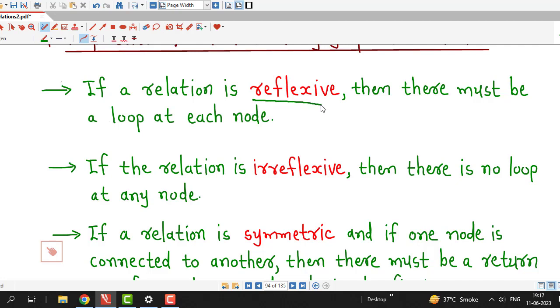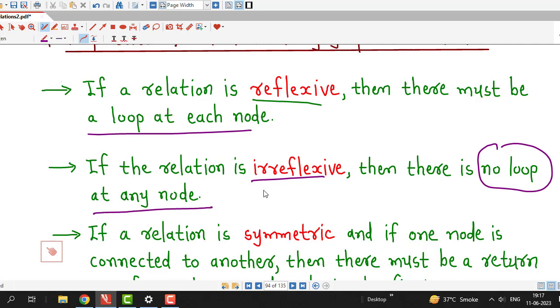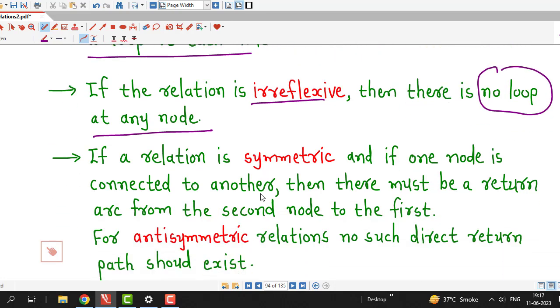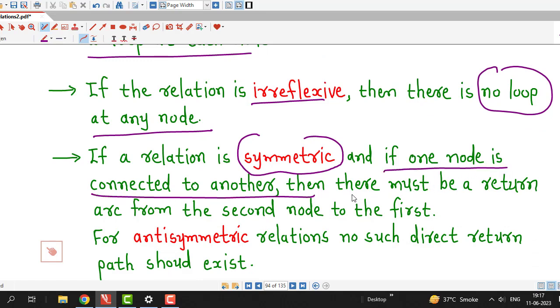If a relation is reflexive, then there must be a loop at each node, or at each vertex. If the relation is irreflexive, then there is no loop at any vertex or at any node. If a relation is symmetric and one node is connected to another, then there must be a return arc, or reverse arc, from the second node to the first.